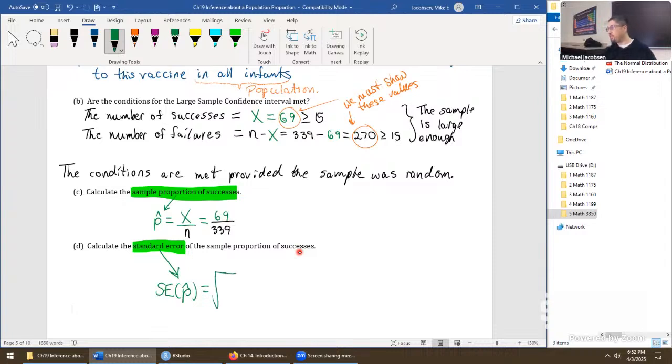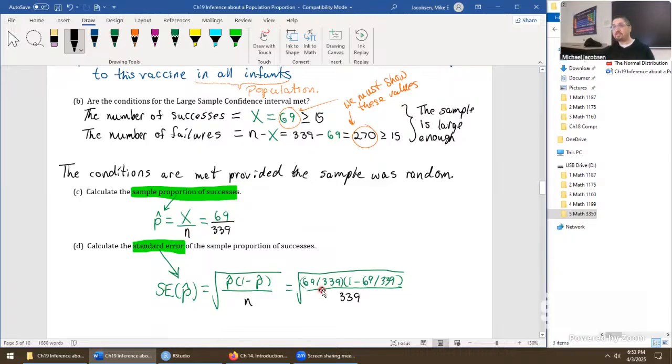So it becomes an equation: square root, p hat times 1 minus p hat, divided by sample size, n again. So now, if we write this in, p hat is 69 over 339, multiplying 1 minus 69 over 339. Then all of it divided by 339.